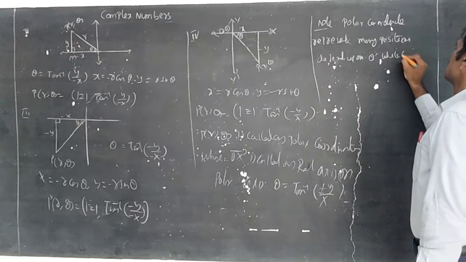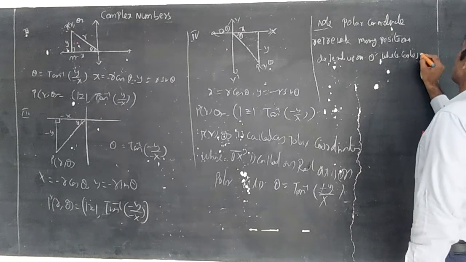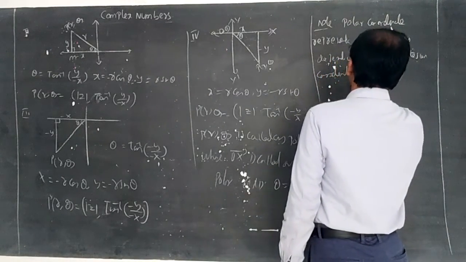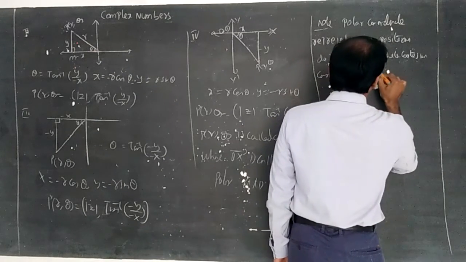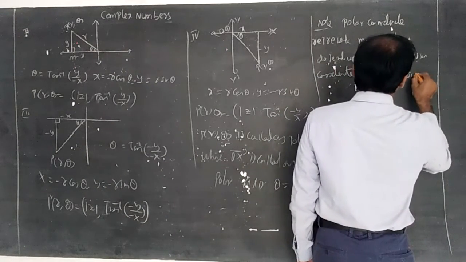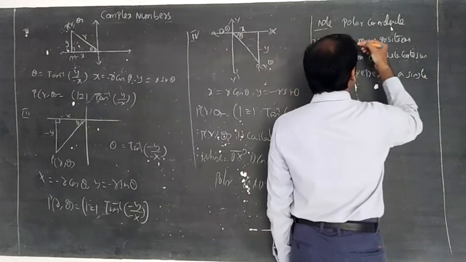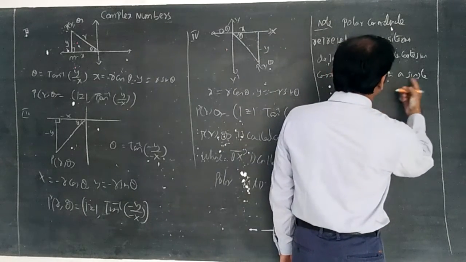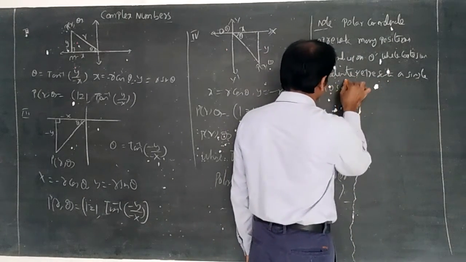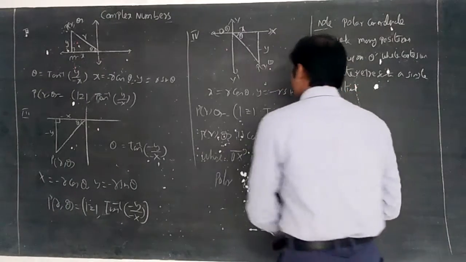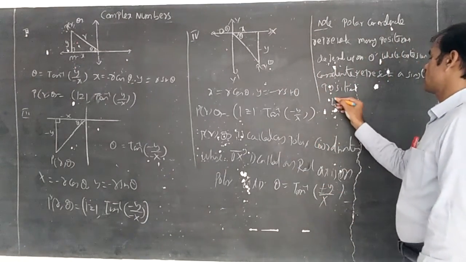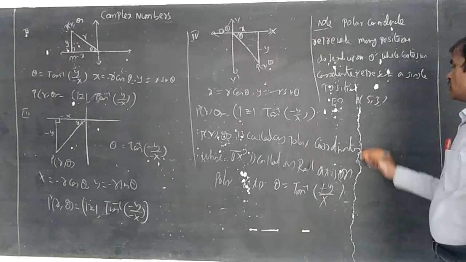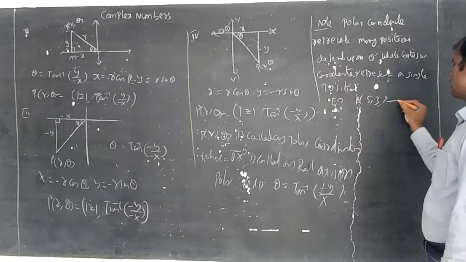While Cartesian coordinate represents a single position. Here not only many, infinite also you can write. Plenty, so many. Cartesian represents a single position. Example, take P(5, 3). That's all, only 5 comma 3, single.